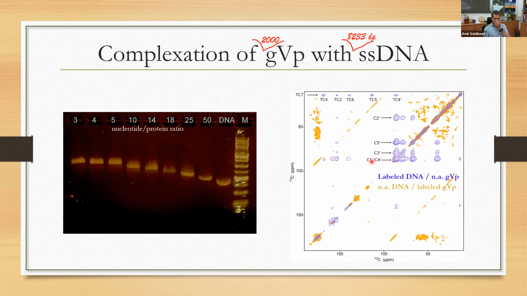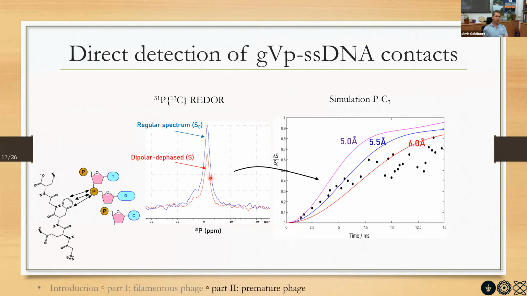Now, the next step was to try and see how far the DNA is from the protein, and actually to prove by NMR, also, not by gel electrophoresis, that the DNA and the proteins are bound. So the easiest experiment to do is just a REDOR experiment, where you look at the phosphorus spectrum and you hit the carbons with the pulses, and you can see the nice reduction in the signal.